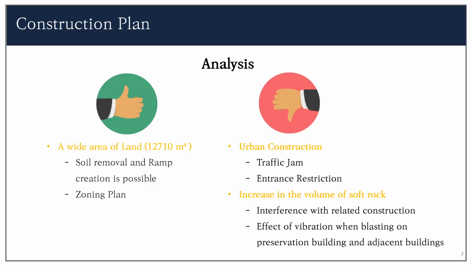However, the construction site in the middle of the city center had problems with traffic jams and entrance restrictions, and it was difficult to protect the surrounding buildings, in this case the old main building, due to the soil softness.